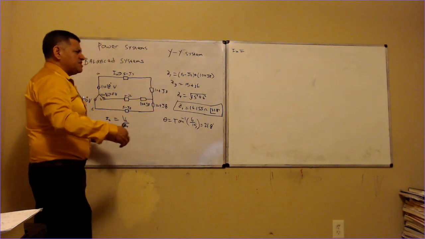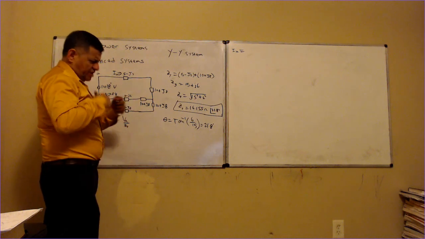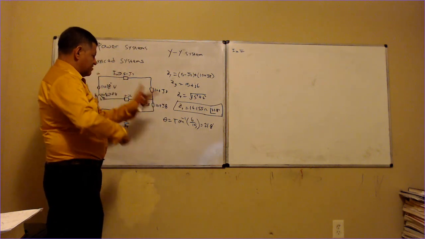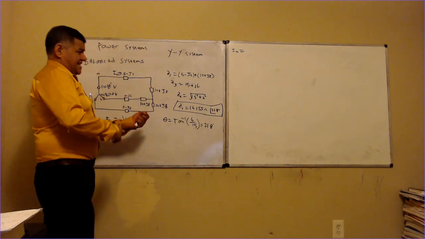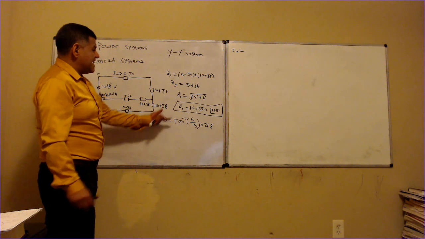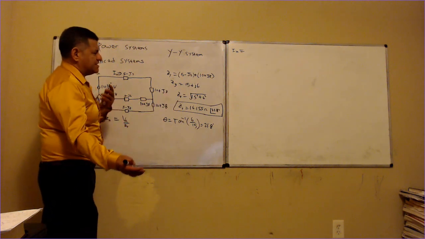When the system is on for a long time, it will create heat, and that heat will change the resistance, and therefore, if the resistance changes, the impedance kind of changes, and impedance and resistance are the same.